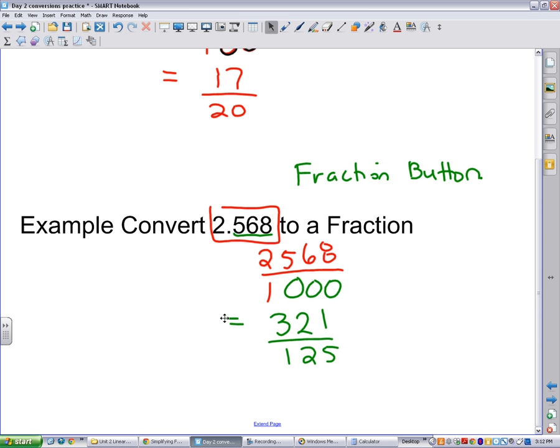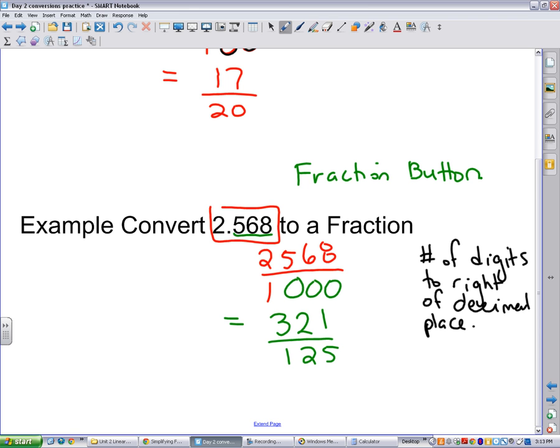So remember, you need to know the number of digits to the right of the decimal place, and that's the number of zeros behind the 1 in the denominator.